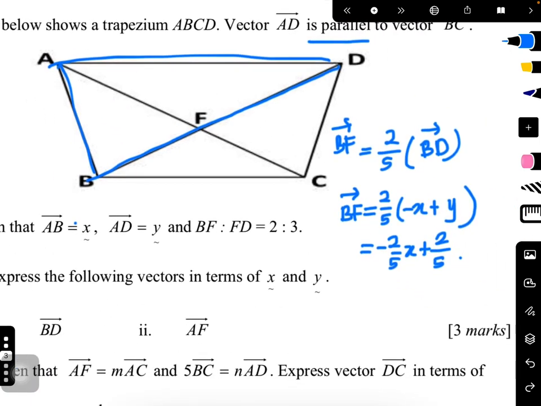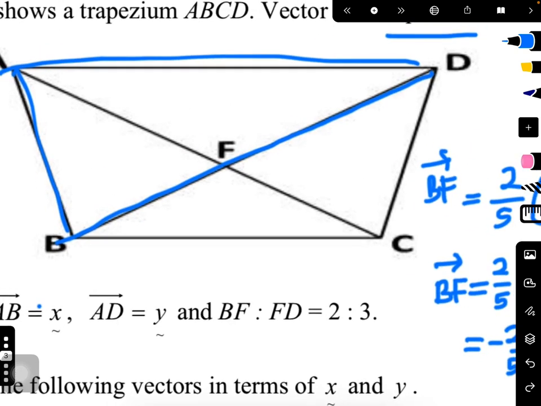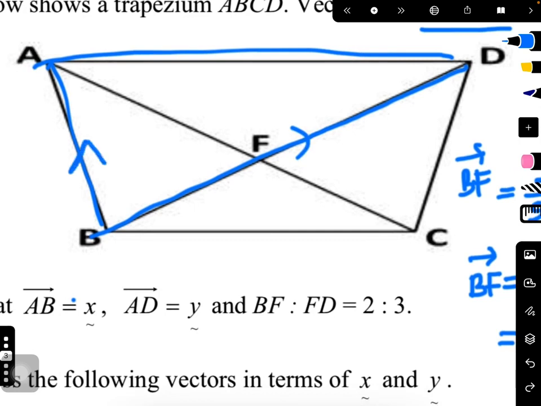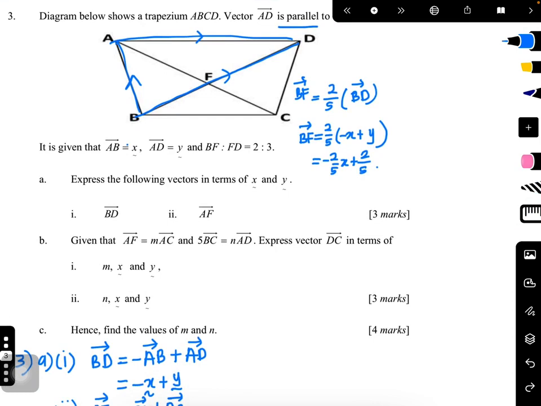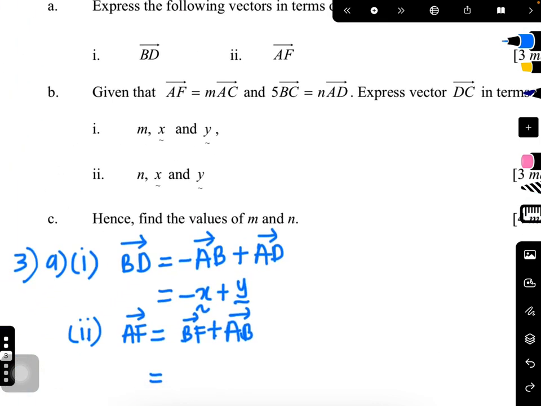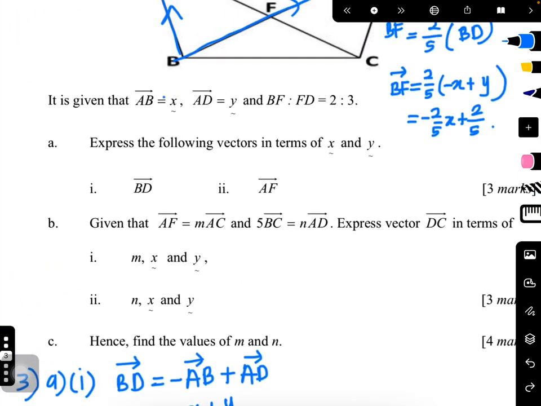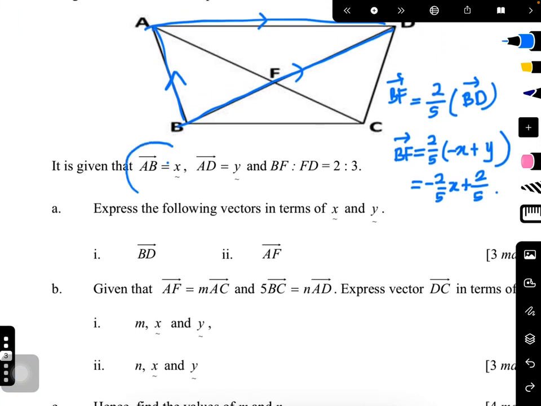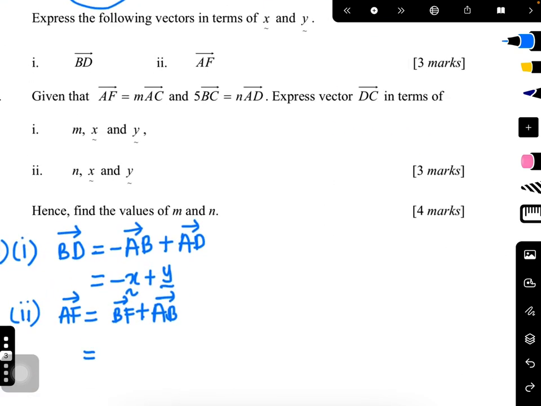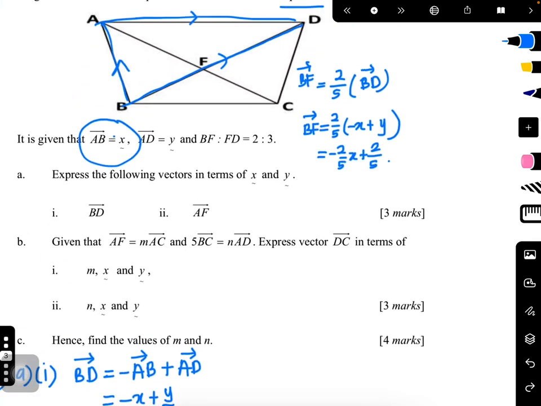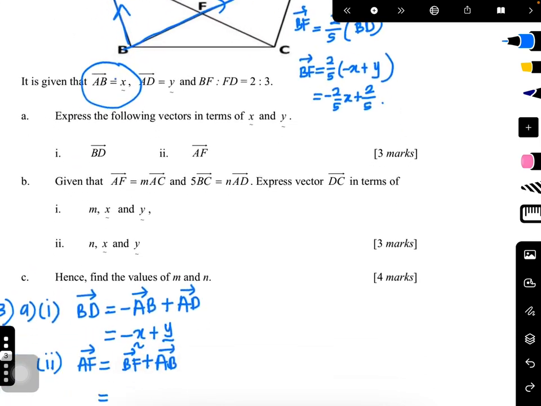We need B to D, and obviously we go B to A and A to D. I've written this: BD equal to negative AB, because AB is given in the other direction, plus vector AD.